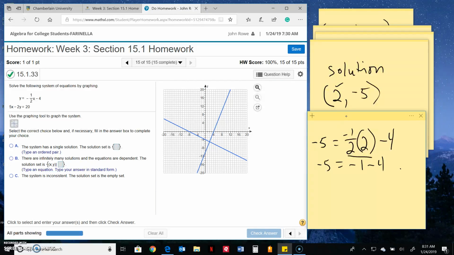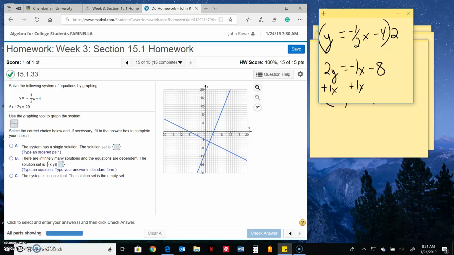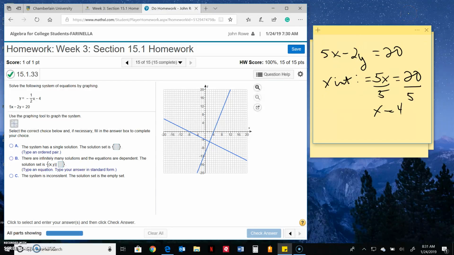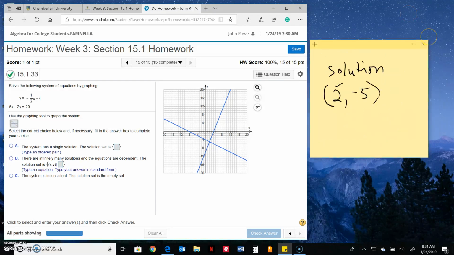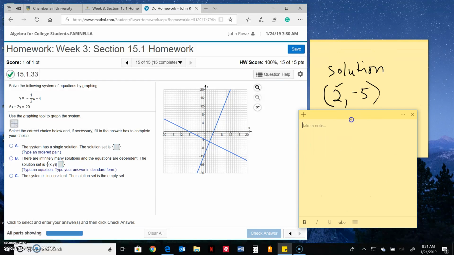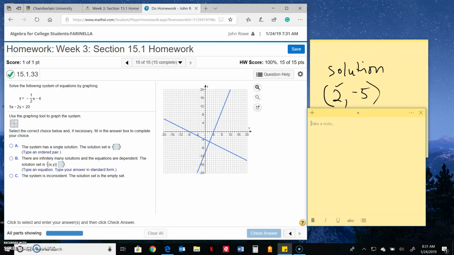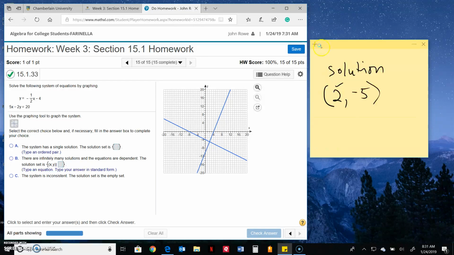Let's try it on our other equation here. Sorry, clear that, typo.